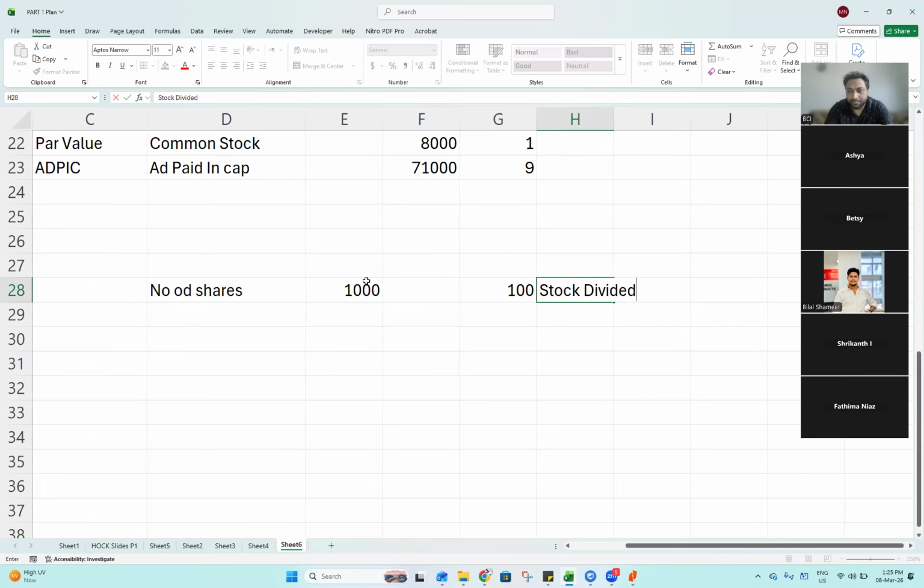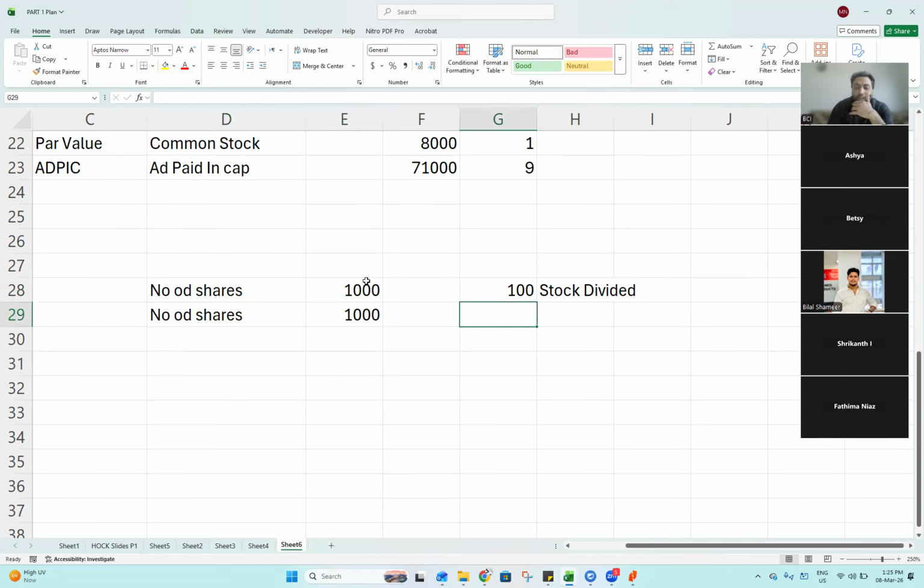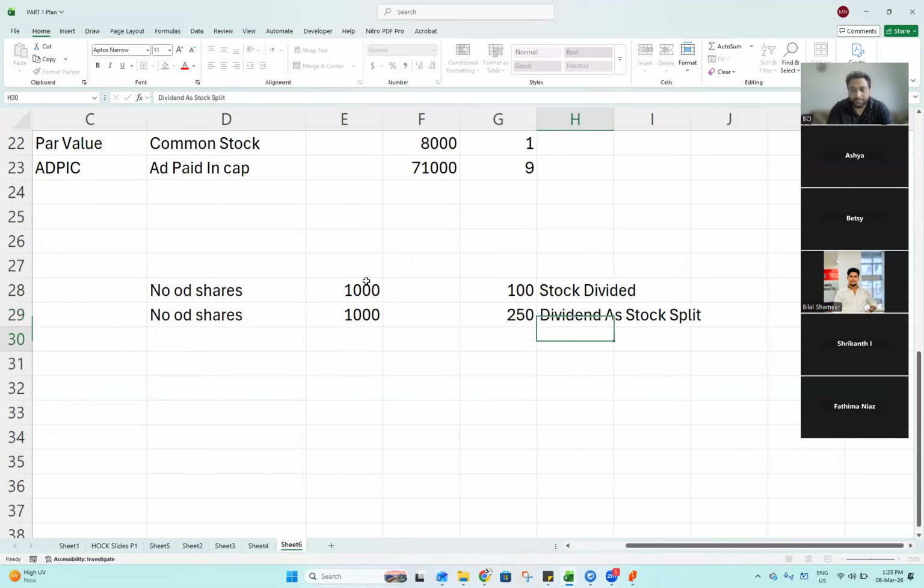Clear? Now, in the same case, if they are going to give me 25 shares, or 25% of my shares as dividend, then this will become a stock split. Clear? Okay. Dividend as stock split.